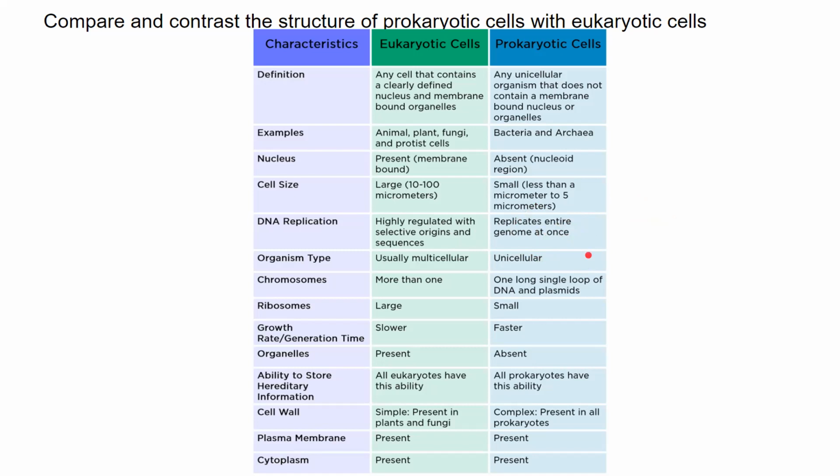Again, prokaryotes have a single chromosome, because there's one DNA, and that DNA is in a single loop. So it's a circular DNA. It's not linear. Eukaryotic DNA is linear DNA.